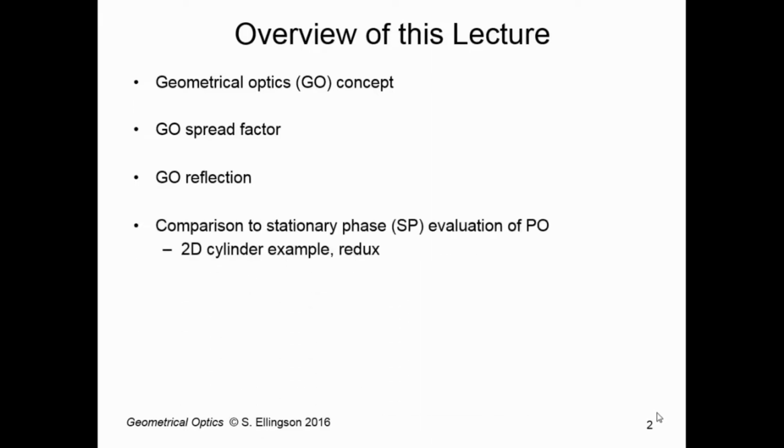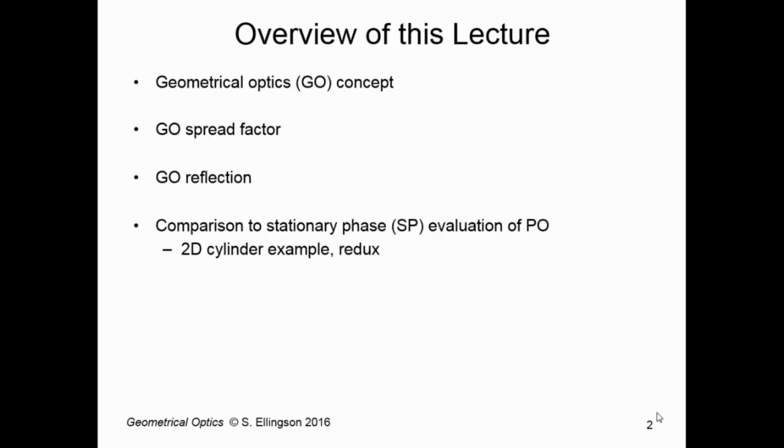Here's an overview of this lecture. First, I'll introduce you to the geometrical optics concept, which I'll frequently abbreviate GO. I'll talk about the GO spread factor, GO reflection. Then I'll compare GO to the stationary phase evaluation of the physical optics integral.